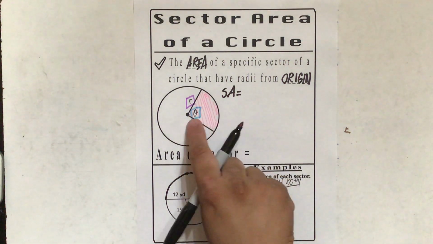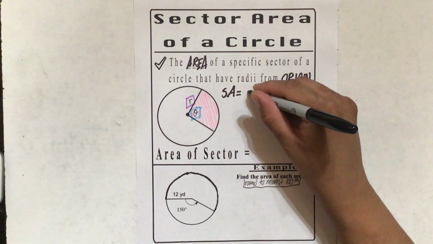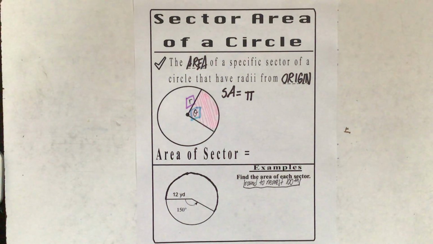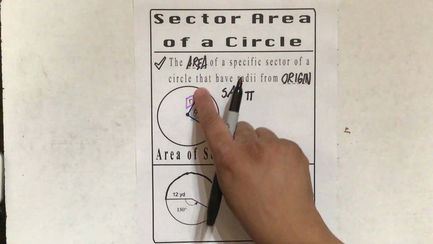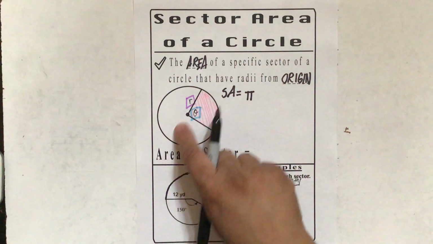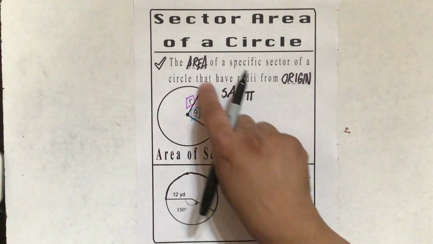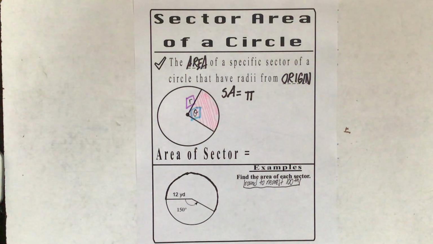With this formula, we start with pi first. We always have pi. Pi is when you divide the diameter, how long it is from one side through the center all the way to the other, by the circumference, all the way around. That's pi.